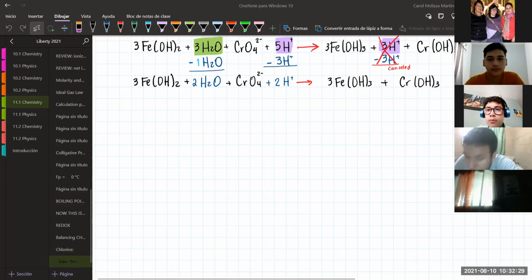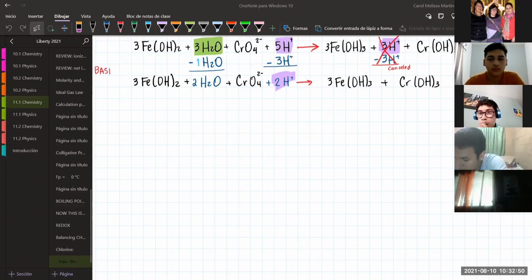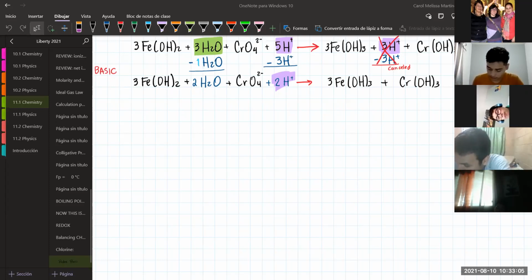Well, their elimination occurs. So, now the rule says that in every place where you have H plus ion, you need to add hydroxide, and this is where basic begins. It doesn't matter the amount of H plus ions that you have, you're going to add as many OH minus ions.